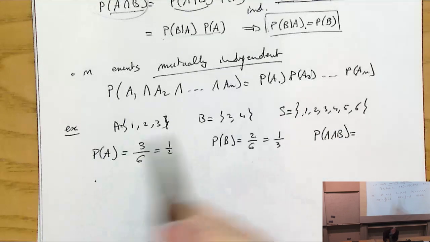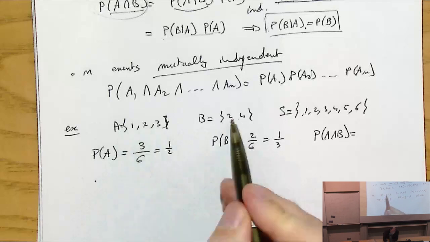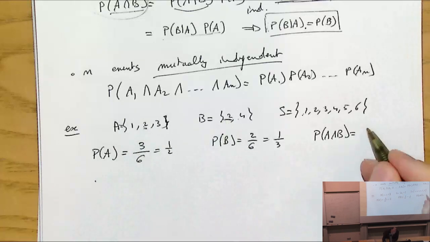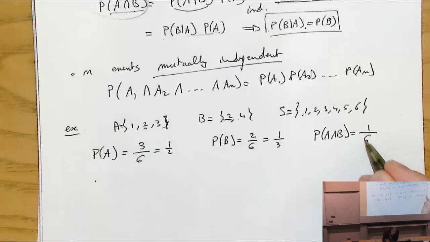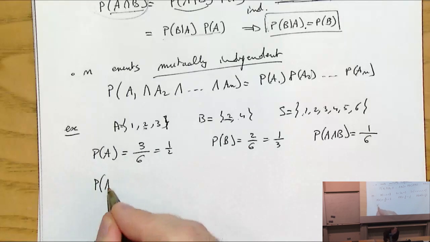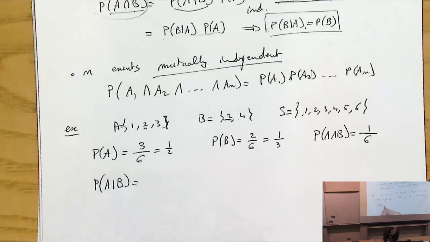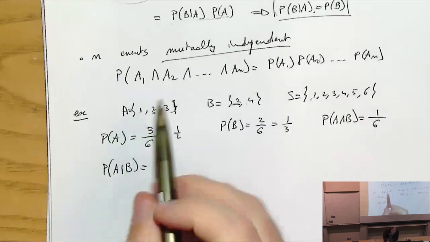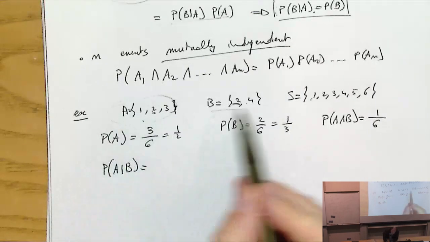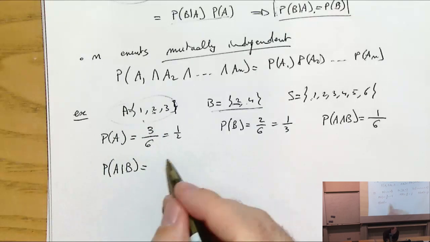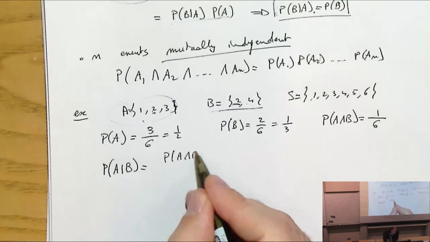And what's the probability of A intersection B occurring? Well, how many are in A and B? I have only 2, right? So I have 1 divided by 6. Now the probability of A given B, that is, the probability that A occurs given that B occurred? We can simply apply the definition.